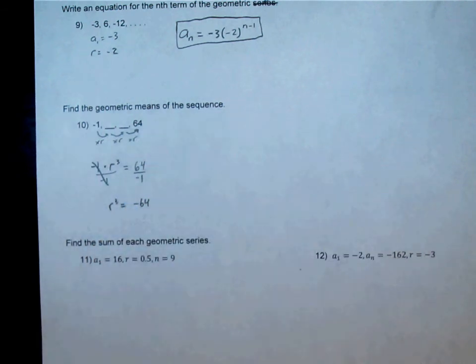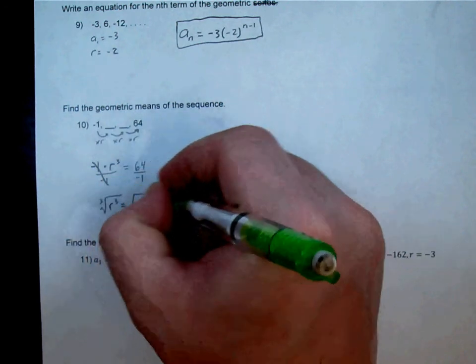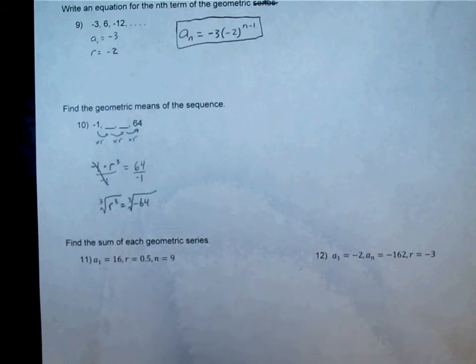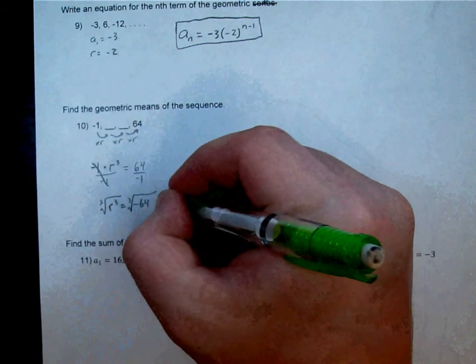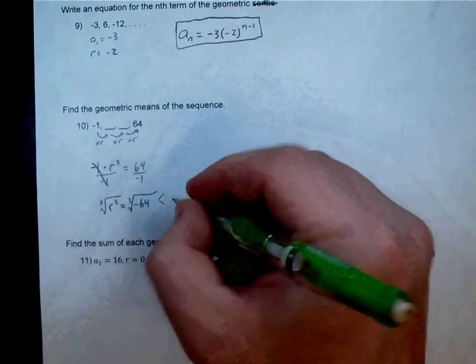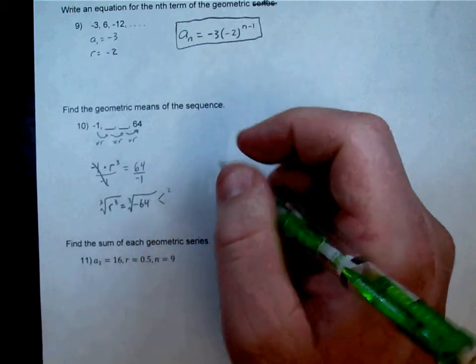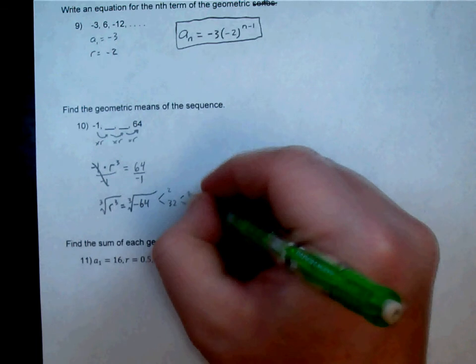And so I'm trying to do the 3rd root here. You might be concerned about a radical with a negative inside, but remember, if it's an odd numbered radical, it's okay to have a negative in there. It just means our answer is going to be negative. So let's deal with 64 as a factor tree. Maybe you're not sure, hopefully you at least know it's divisible by 2. So we can go 2 and 32. And 2 can go to 2 and 16.